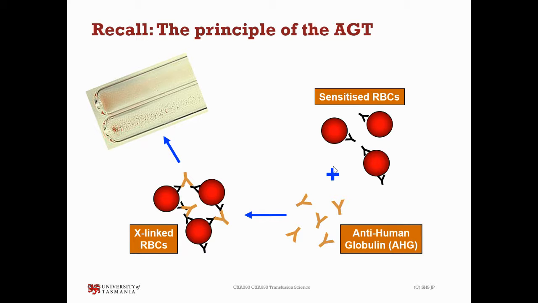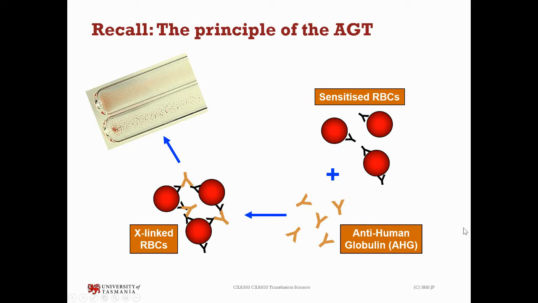And that is able to bind the antibody and the red cells and bridge the gap between them, cross-linking the red cells. And the result is in vitro agglutination that we can visualize. Okay, so that's what we're aiming for, being able to visualize whether or not there is an antibody on those red cells.